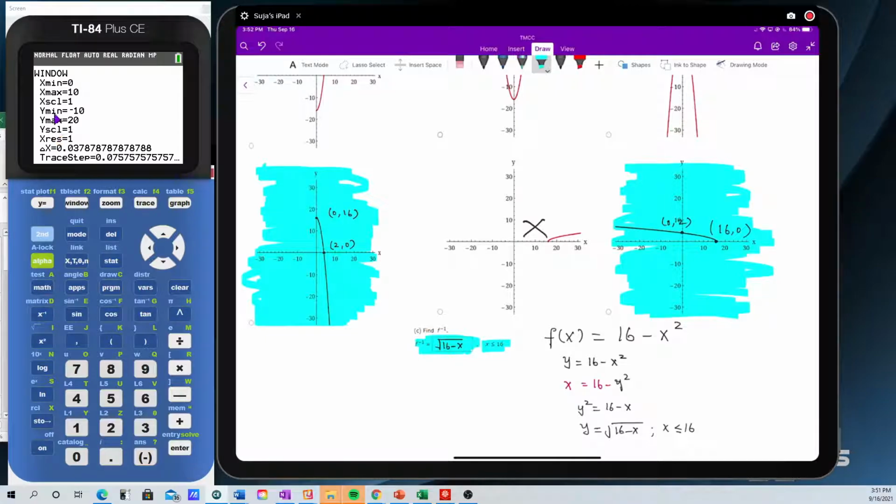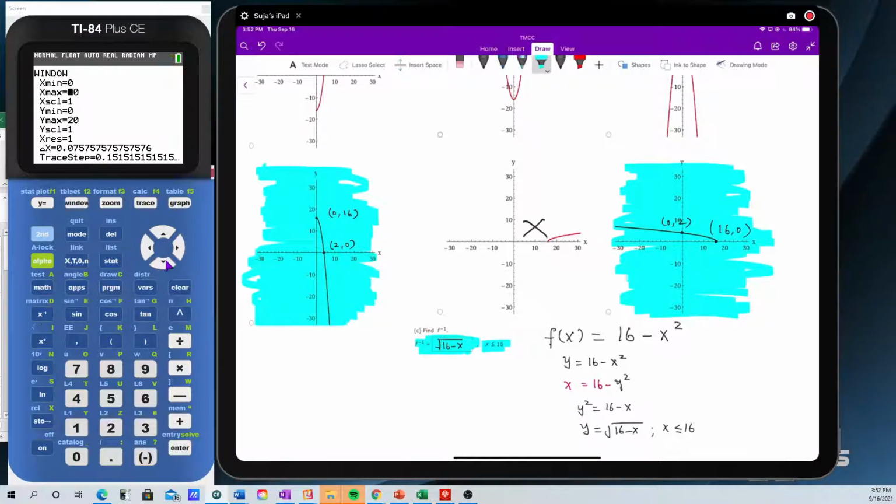Domain x is less than or equal to 16. Let's see if I can bring this to 0. Okay, that's kind of showing me a little bit of symmetry. A little bit more clear if I can. Yeah, I can see the symmetry.